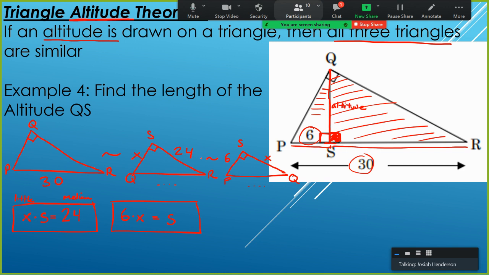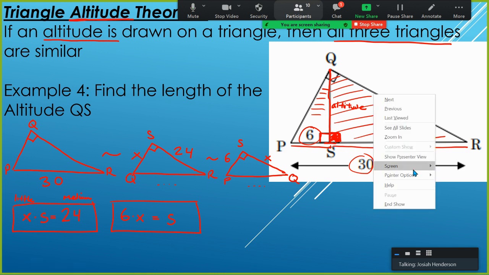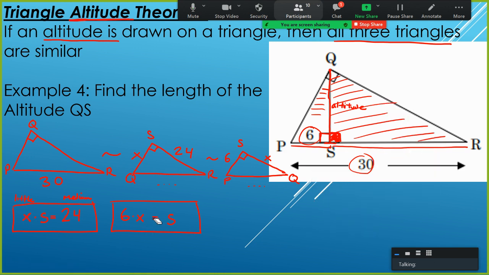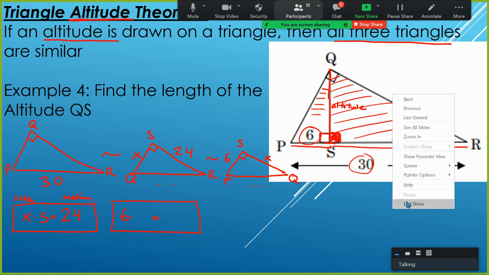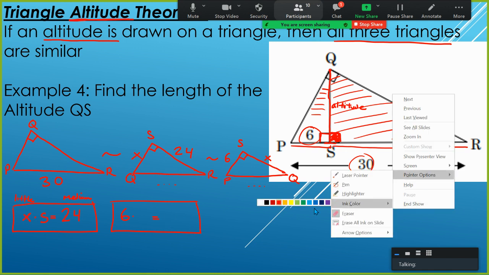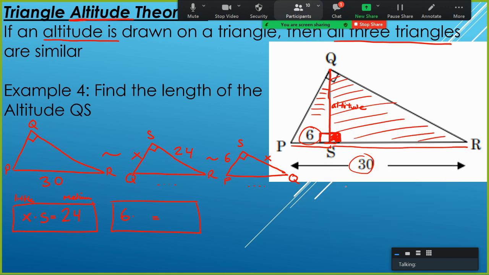Six times scale factor equals x. Sorry, hang on. I made a mistake right here. Six times scale factor equals x. Okay, there we go. That's better.